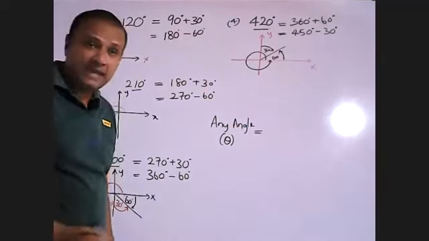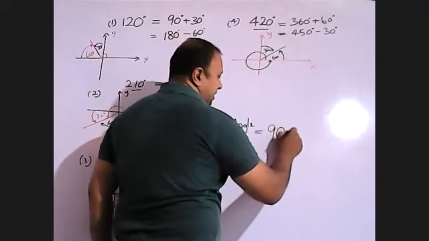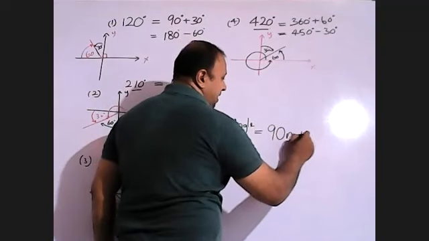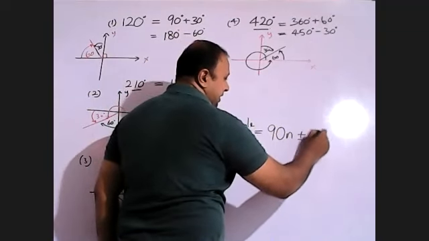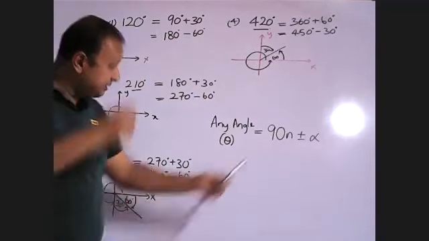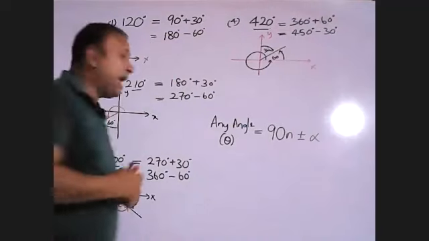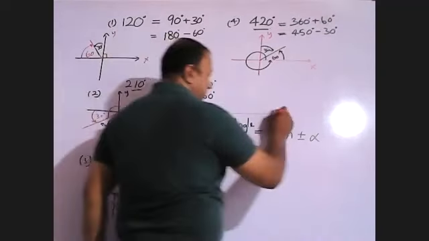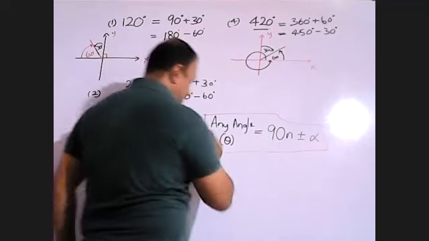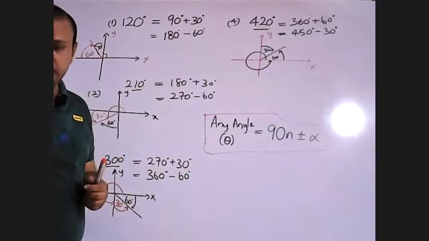Theta can be written as 90n plus or minus alpha. Alpha is an acute angle.